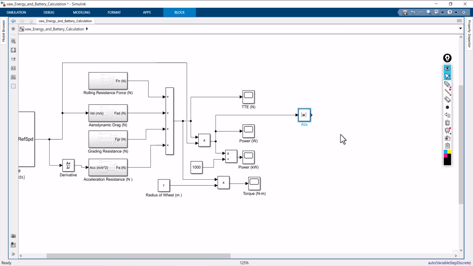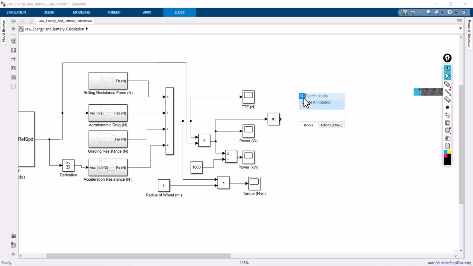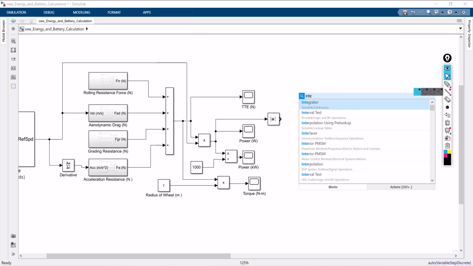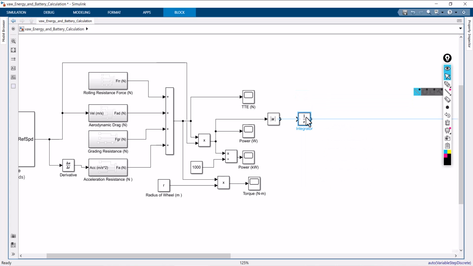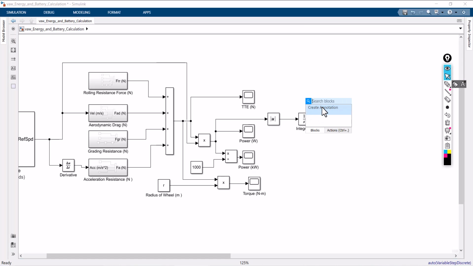And then I'm going to integrate this power. If you integrate the power, this will give you energy, that is watt second. This will give you the traction energy in watt second.